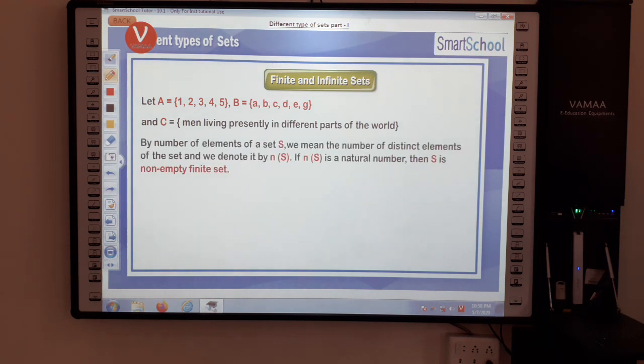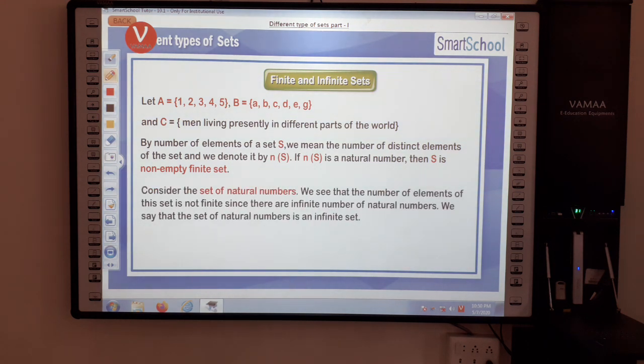By the number of elements of a set S, we mean the number of distinct elements of the set, and we denote it by n(S). If n(S) is a natural number, then S is a non-empty finite set. Consider the set of natural numbers.